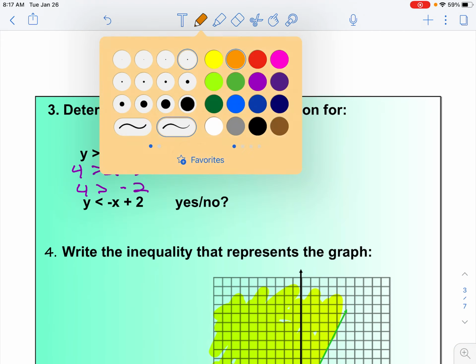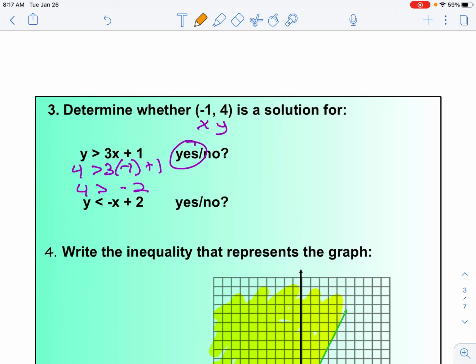I check the second point separately, because it's 2 different questions. So is 4 less than -x plus 2? And since my x is negative, I have to make sure I pay attention that this is going to end up being, is 4 less than 1 plus 2?